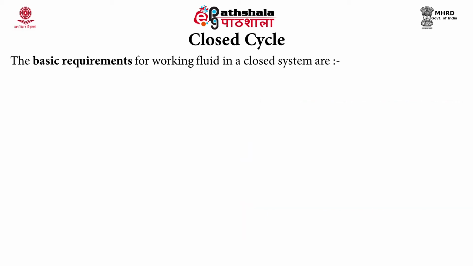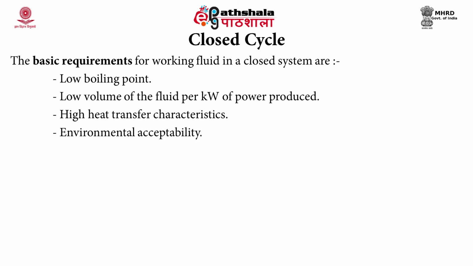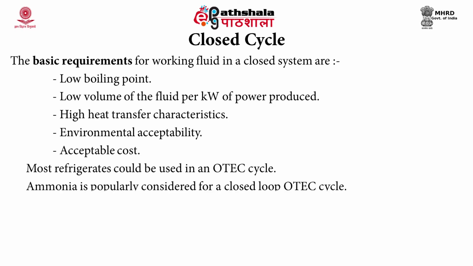The basic requirements for a candidate refrigerant in a closed system are: it should have a low boiling point, low volume of the fluid per kilowatt of power produced, high heat transfer characteristics, environmental acceptability, and acceptable cost. Most refrigerants could be used in the OTEC cycle, but as I told you, in general ammonia is popularly considered for the closed loop one.